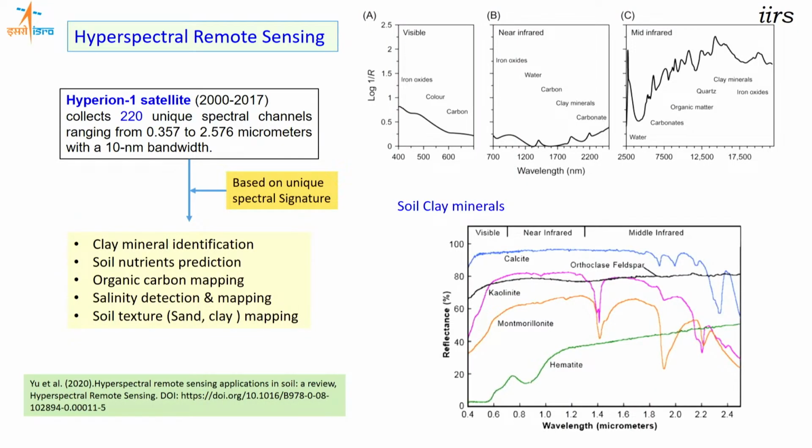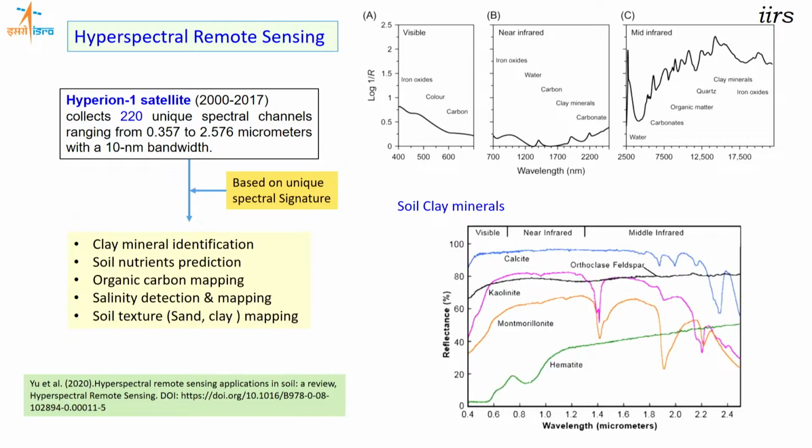Another one, previously I told you about multispectral remote sensing data, where you have 4 spectral bands or up to 10 spectral bands, we call multispectral. But when we have more than 100 spectral bands or more than 100 spectral regions where you collect the reflectance, it means you are collecting the reflectance in quite some detail.